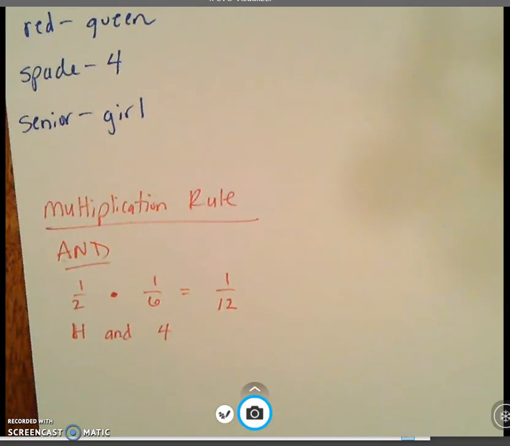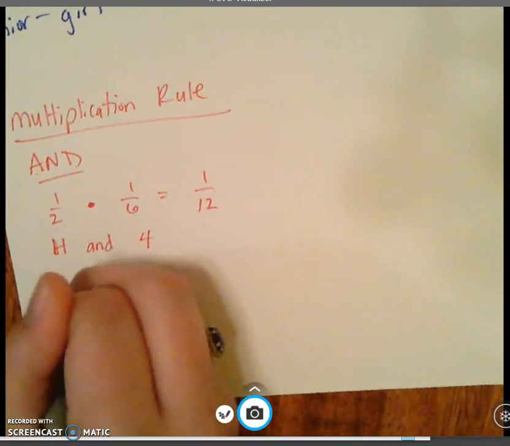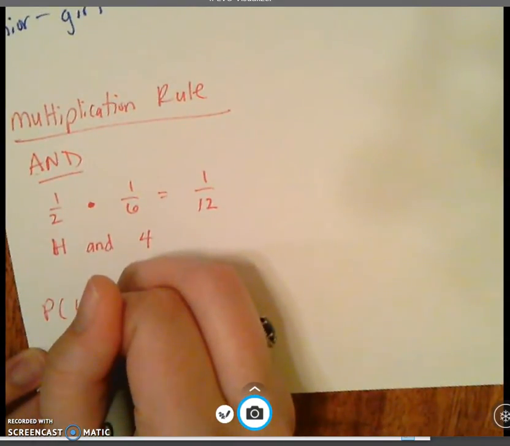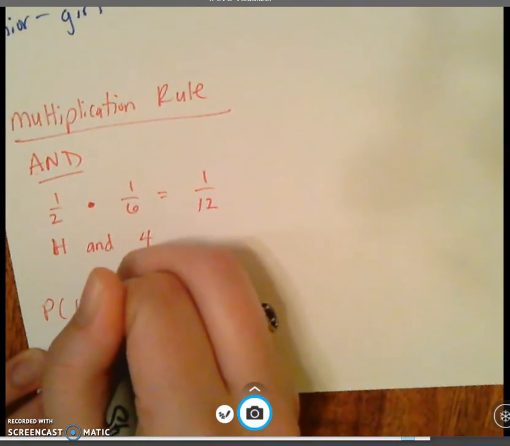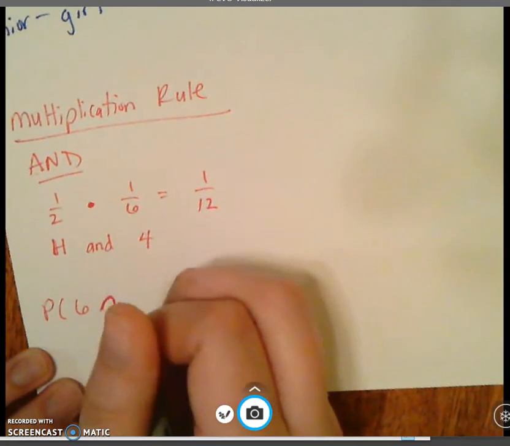Another thing, there's a lot of deck of cards in here, so if I wanted to get, we'll say a 6. By the way, this is the symbol for and. It looks like an upside down U. If I wanted to get a 6 and a, we'll go spade.